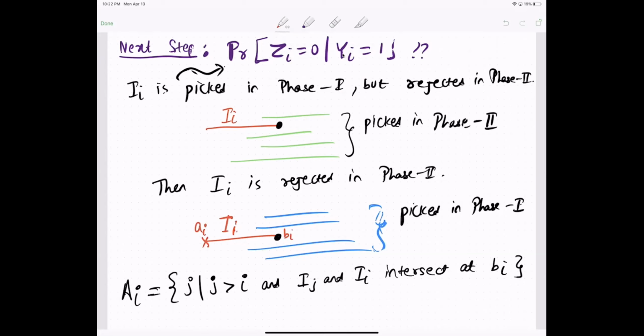So we are basically looking at all these blue intervals which are intersecting Ii, and they're intersecting them at this point Bi. And the blue intervals can go all the way like this as well. No harm in that. Okay. So now we have defined Ai, right?